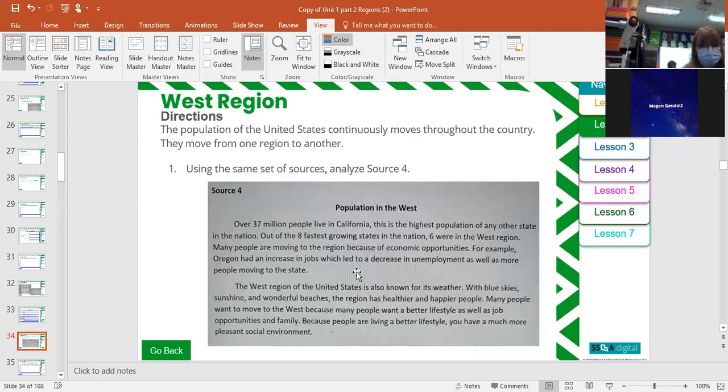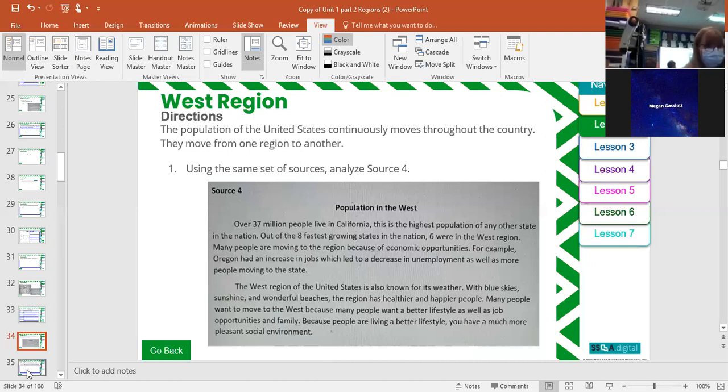Because people are living a better lifestyle, it shouldn't say you, it should say they have a much more pleasant social environment. Okay, so this is the source for population.